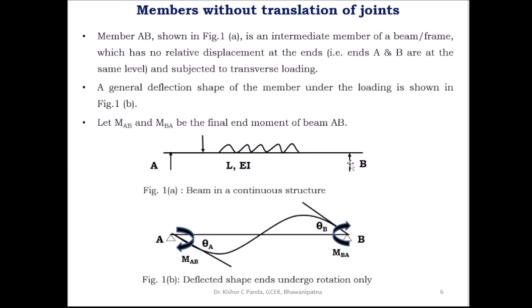That is, the ends A and B are at the same level, and the member is subjected to the transverse loading. In figure 1b, this is the general deflected shape of the member under the loading. Let MAB and MBA be the final end moments of beam AB.